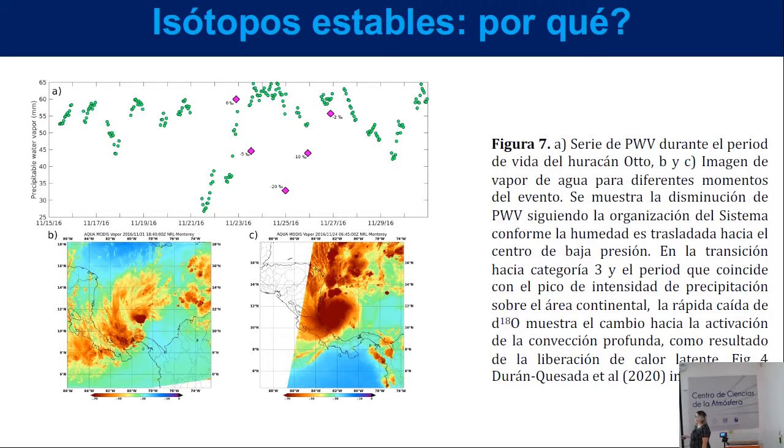This indicates the proof that with a sample in the surface, we are having information on the quick transition and the very quick release of latent heat just in the moment of the transition.